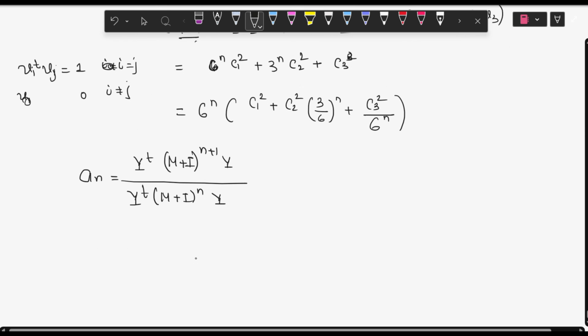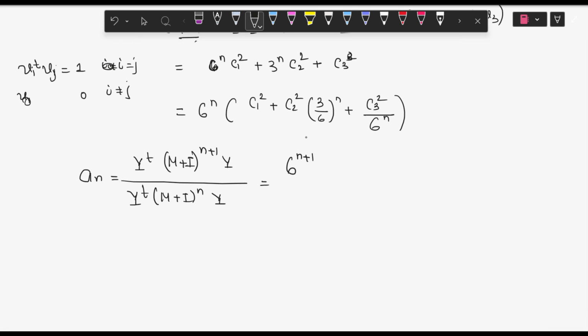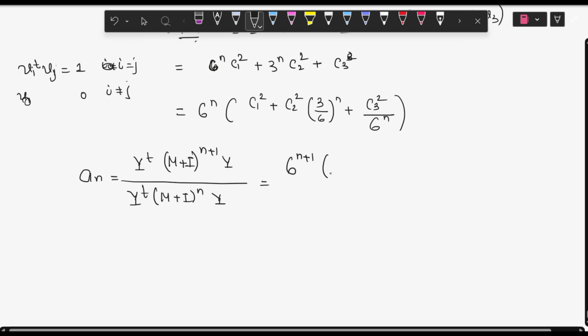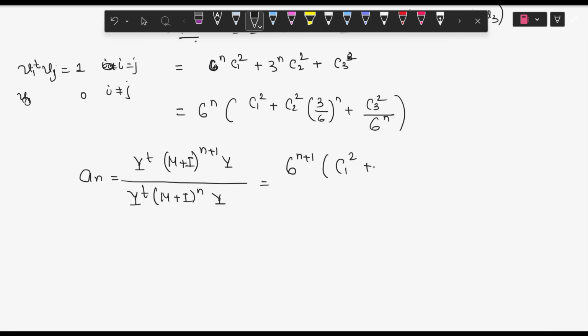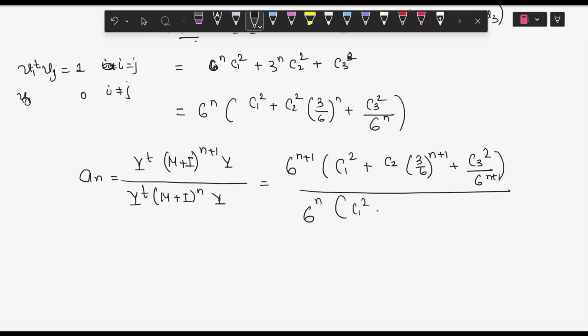So I have 6^(n+1) times (c1 square plus c2 square (3 by 6) whole to the power n+1 plus c3 square by 6^(n+1)) divided by 6^n times (c1 square plus c2 square (3 by 6) whole to the power n plus c3 square by 6^n).